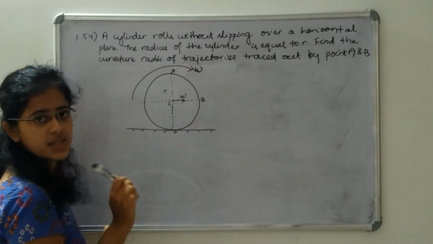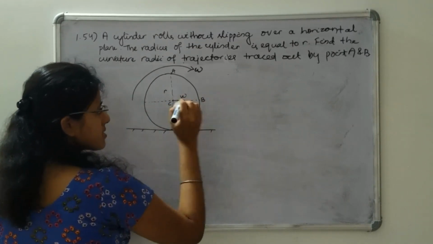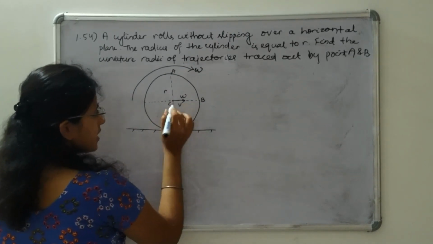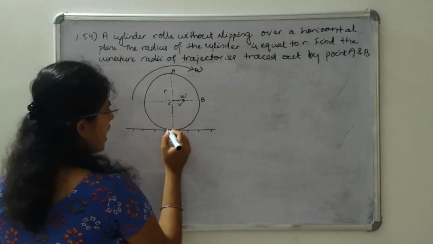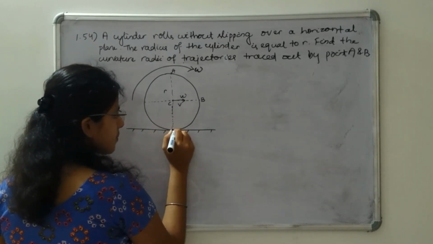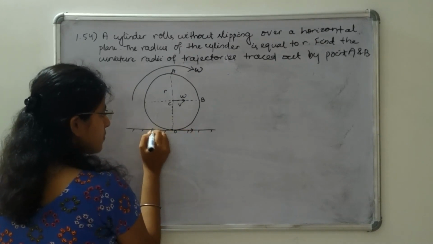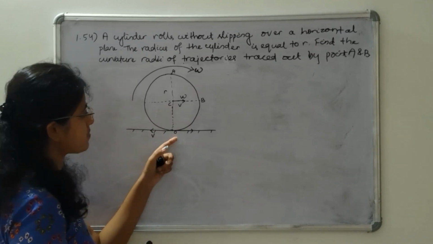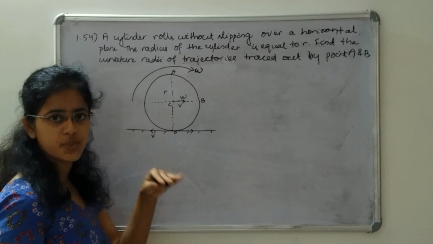Okay, as you have seen in questions 52 and 53, this is moving in this direction with w acceleration. That means after a particular time, the velocity is V. As it is purely rolling without slipping, the tangential velocity with which O is moving in this direction is V. Because the point of contact is here, O, the point of contact has to be at rest.